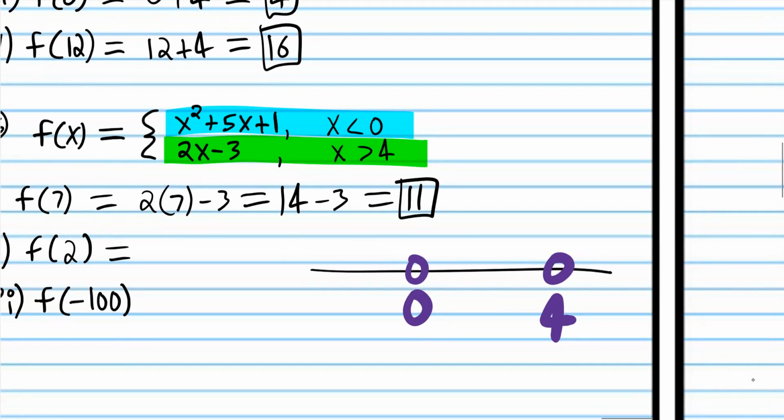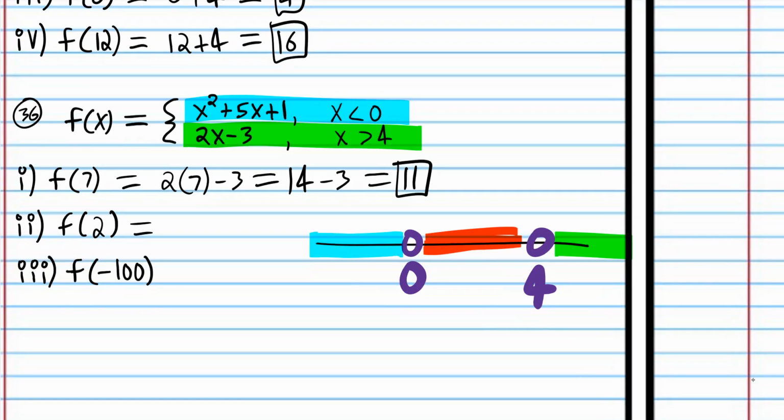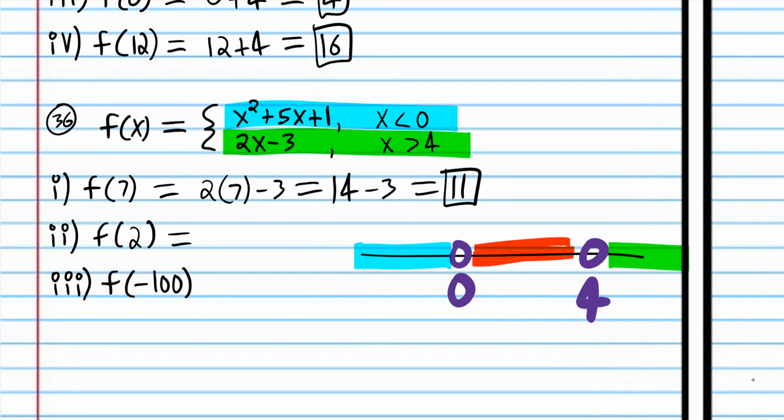And the blue interval is here, the green interval is here, and the red interval means there's no definition, there's no output for the function. So 2 occurs here, which means that the function is not defined for that particular input.